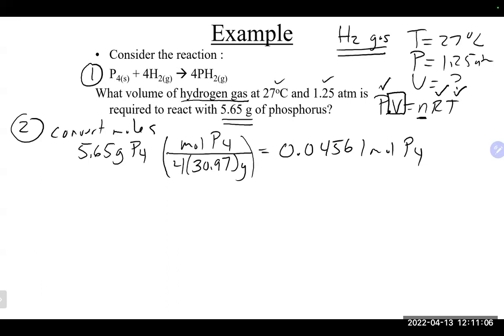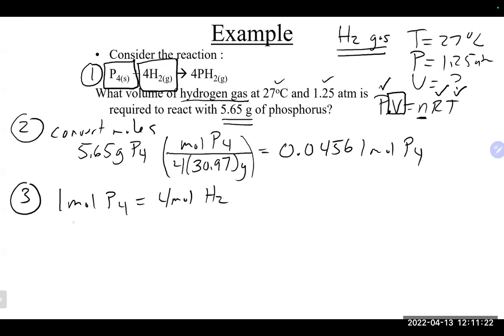So this is again where the stoichiometry part comes into play. We're going to do our third step, which is go to the equation and find the relationship between P4 and H2, which looks like for every 1 mole of P4, I get 4 moles of H2. And that would be our next step here.